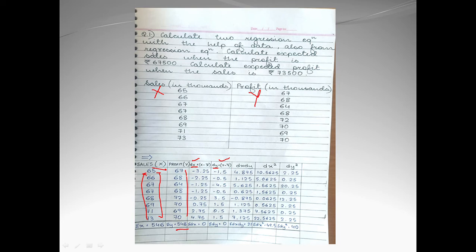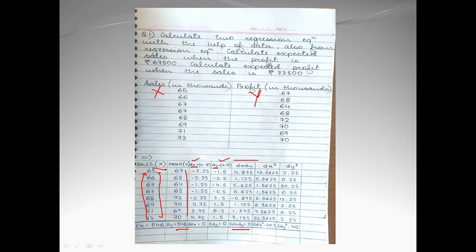Now after calculating dx and dy, we have to multiply the dx and dy series, and here we have multiplied the dx and dy, and by doing so we got the series and we have calculated the summation of dx and dy as we need in the formula.